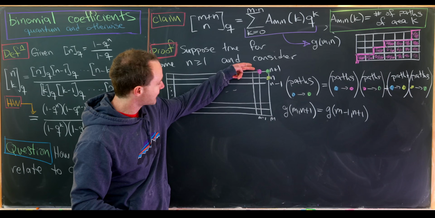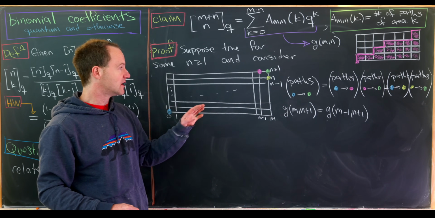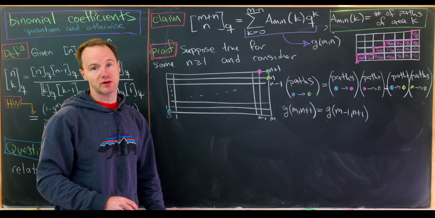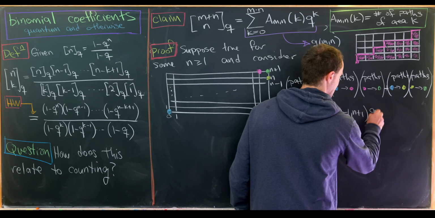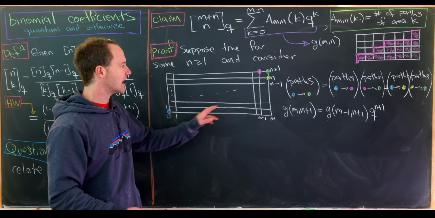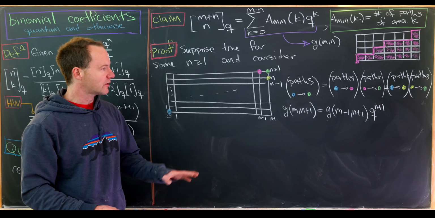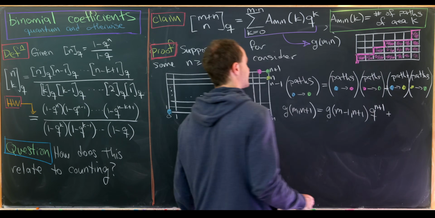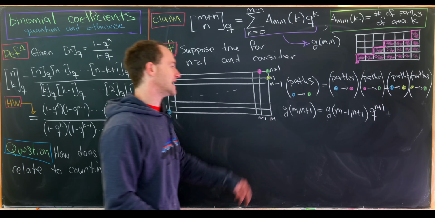And then for the path from this magenta to this green, there's only a single path, but notice that single path has an area of n plus 1. That's just by the area of a rectangle. So that means we need to multiply this by q to the n plus 1. And that's because we increase the area of all of the paths to the magenta dot by n plus 1. Okay, so that's that bit. And then this is plus the paths from blue to yellow, but that's an m by n grid.